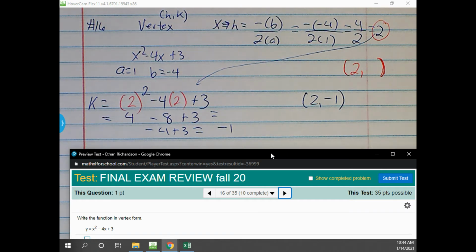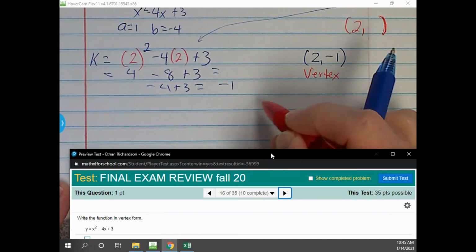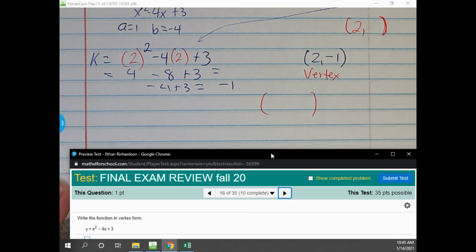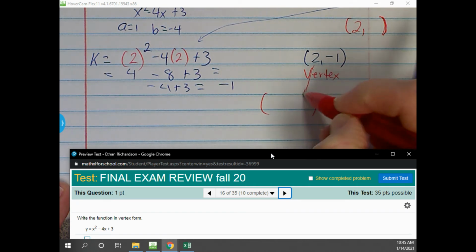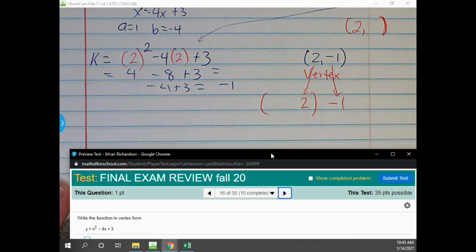Okay, now we've got to go one more step with this, because a lot of times people will just put the vertex. It says write the function in vertex form, and this is where we have to take this vertex that we have. Notice I didn't circle this for final answer because we're not done with it yet. Once we've got the vertex, you have to take those numbers and plug them back in. And remember, this number goes on the inside of the parentheses, and this number goes on the outside of the parentheses.